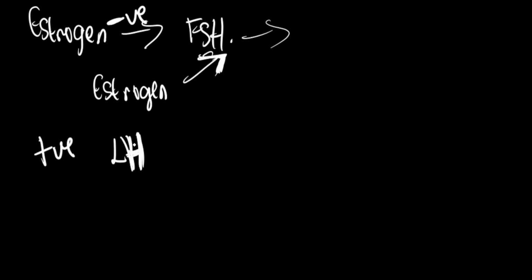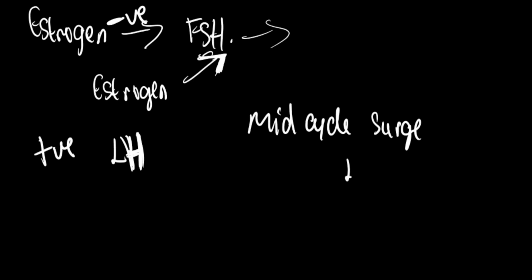It's because of this positive feedback that we have the mid-cycle surge of the LH, which basically causes ovulation. It's the positive feedback of estrogen on the luteinizing hormone that causes the mid-cycle surge that leads to ovulation. Very important for us to take note of this.